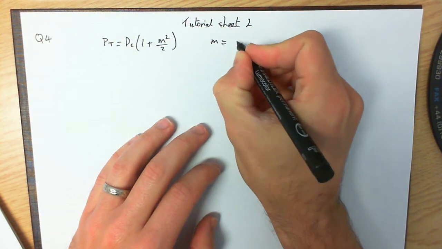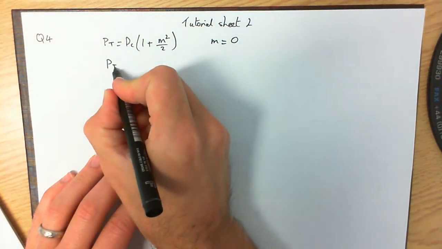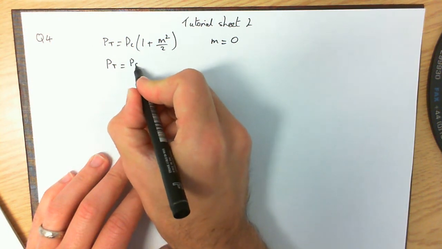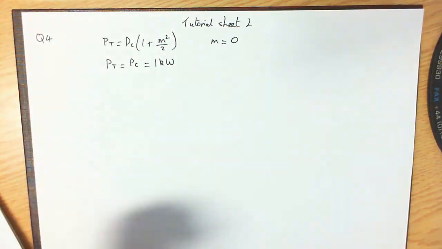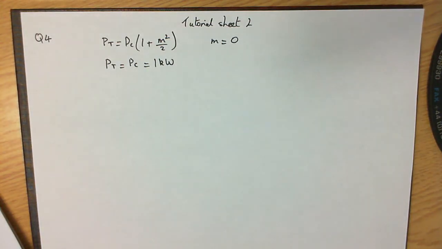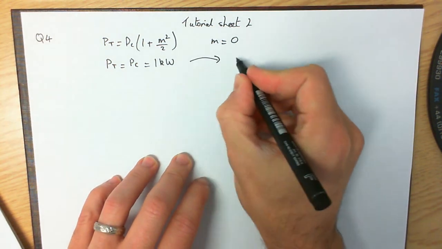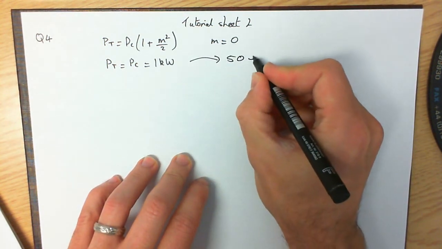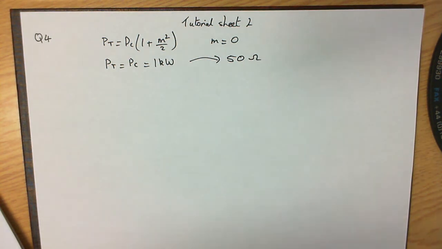In other words, that M is equal to 0. So in this case, PT is equal to PC, which is equal to 1 kilowatt. And that power is going into a 50 ohm load, 50 ohm resistance. So that's the first bit of information that we're given.